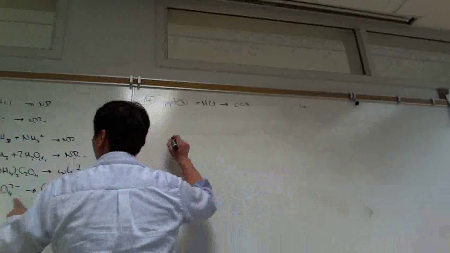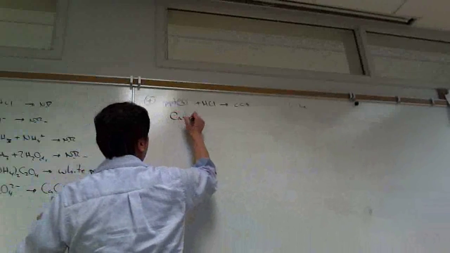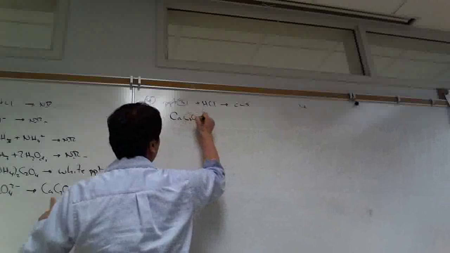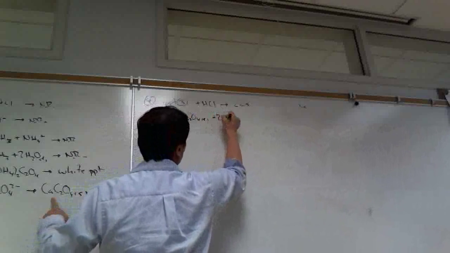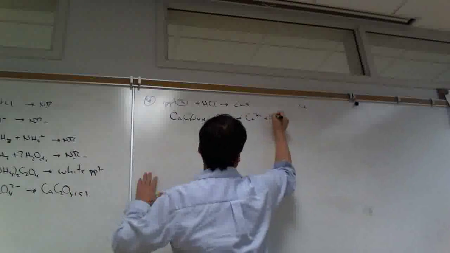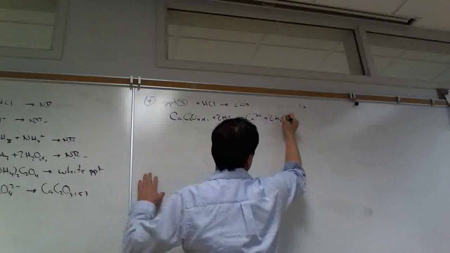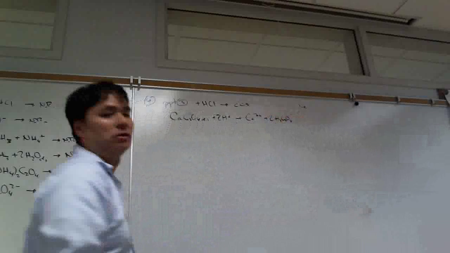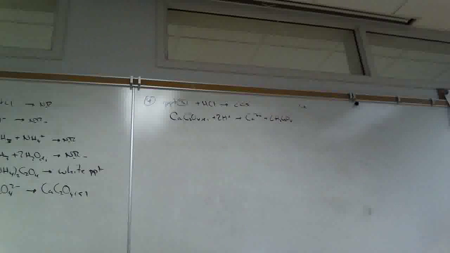All right, and so the reaction here is just another metathesis or an acid-base reaction where we take the calcium oxalate solid, plus we'll need 2 H+ from the HCl, form calcium ions and 2 oxalic acids. So we're going from stronger acid to weaker acid, driving this reaction forward.